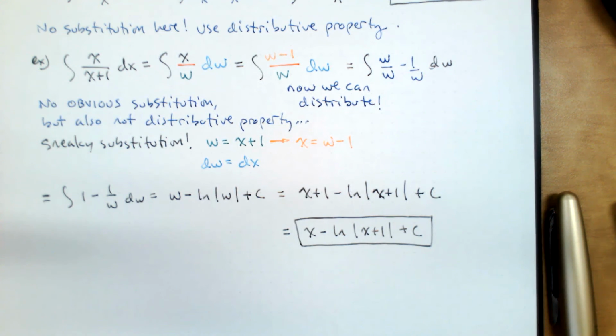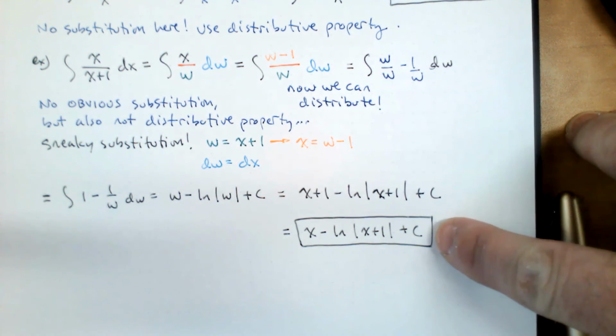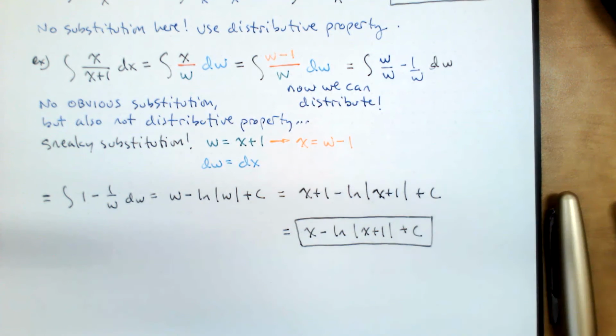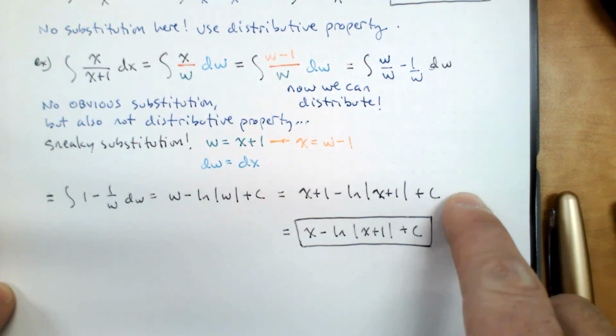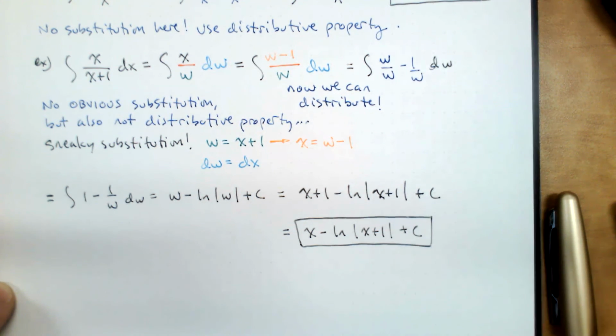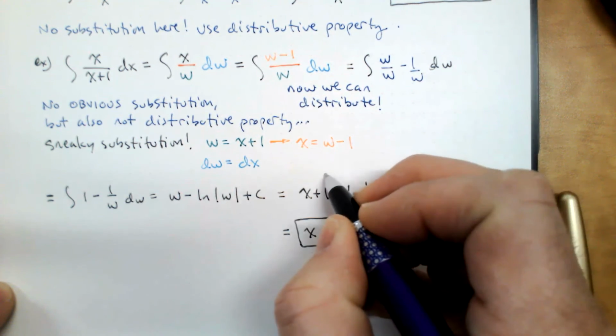Here's why we don't need the +1 in our answer. C is an arbitrary constant. If this C is the constant 4, then this C is just the constant 5. It's an arbitrary constant. Adding 1 to an arbitrary constant gives us another arbitrary constant. As long as all we're doing is constant stuff to the arbitrary constant, we just replace it with another constant. So we don't need the +1 because C is an arbitrary constant.